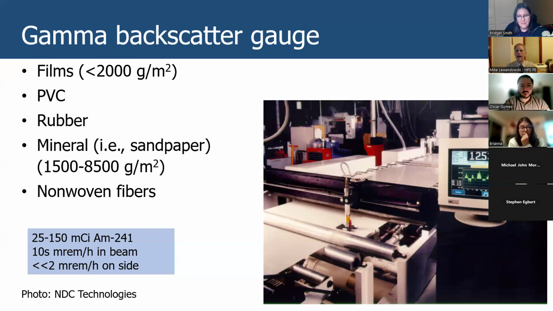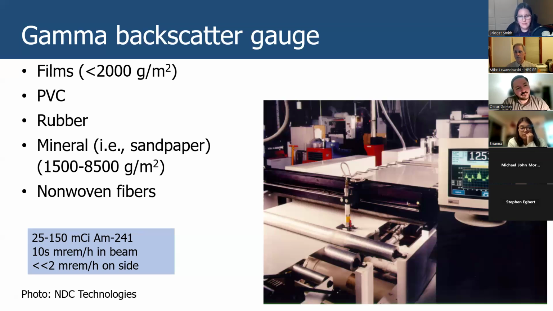So does anyone know what a non-woven fiber is? Since 2020, you all have had lots of experience with non-woven fibers. The filter material in the disposable N95 masks that we all got to wear, okay, those are non-woven fibers. So this is a situation where we have the ability to measure the thickness of coatings and extrusions using this one-sided measurement.